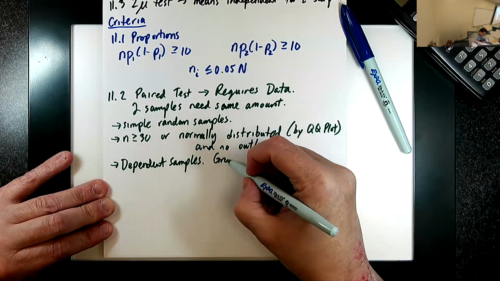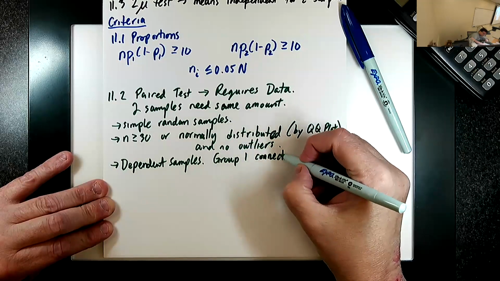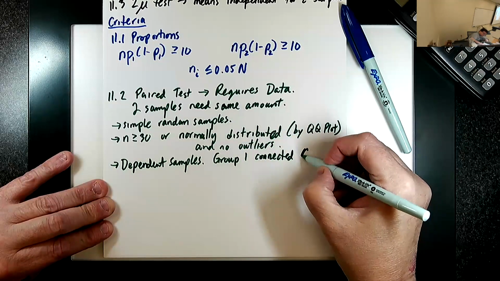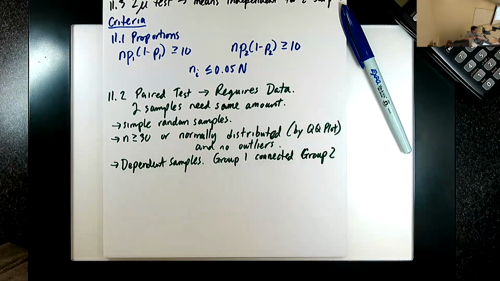Group 1 has to have a connection to group 2. Whether it's husbands and wives, brothers and sisters, before and after is a common pairing. Like you check something before and then you check it again after to see how it's changed.